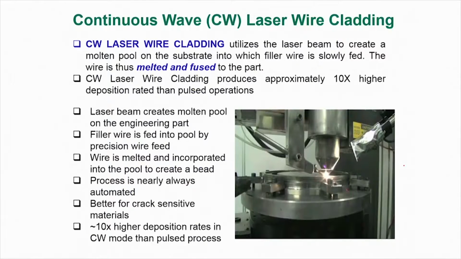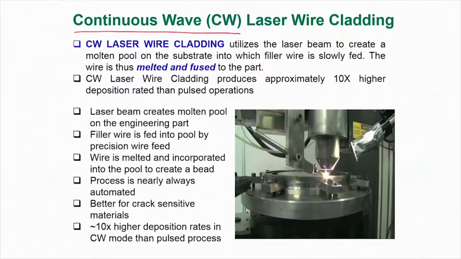Now we can do it in either of two ways, just like any other laser processing. We can use pulses of laser in quick bursts of a certain frequency with a certain pulse width. That is one way and it is very useful in certain applications, but generally the more common and more popular method is continuous wave.